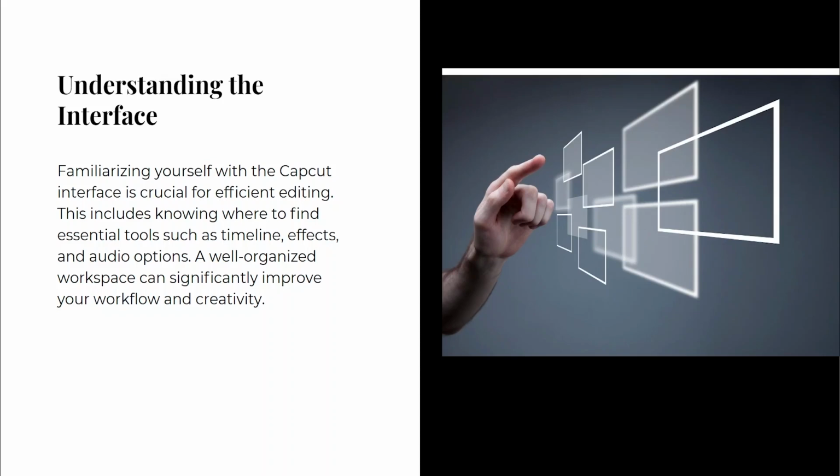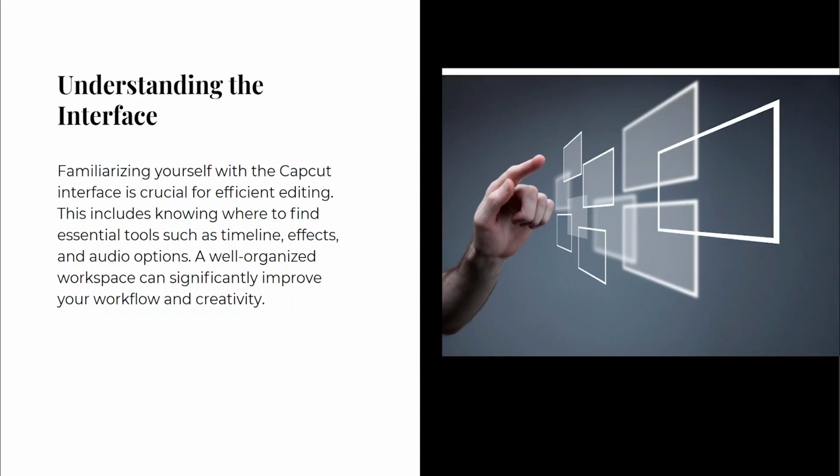There are different tools used for trimming, but for that you should have a clear understanding of the interface, like where the cut tool is and where each and every tool is present. Once you're familiar with the interface, it is going to be a lot easier to work throughout the application, and it will be quite time efficient at the same time.